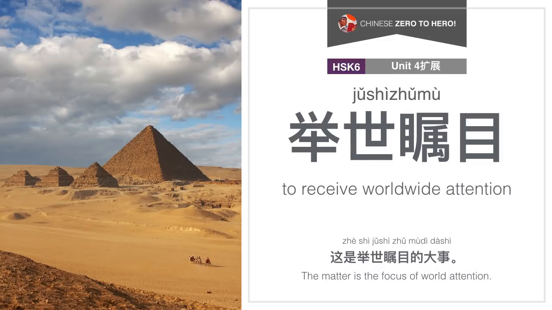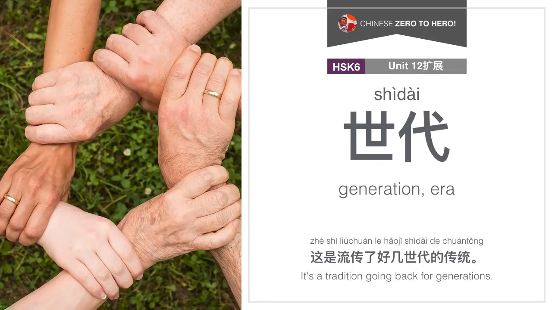And in HSK 6, we learn the idiom 举世瞩目 meaning to receive worldwide attention. 这是举世瞩目的大事. The matter is the focus of world attention. In HSK 6, we also learn the word 世代 meaning generation or era. 这是流传了好几世代的传统. It's a tradition going back for generations.